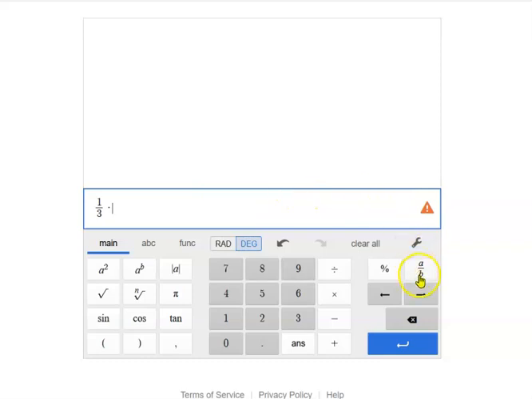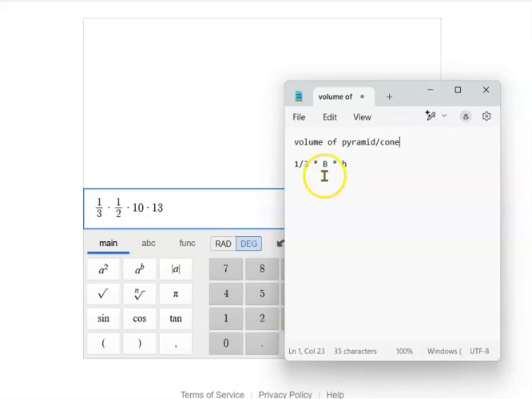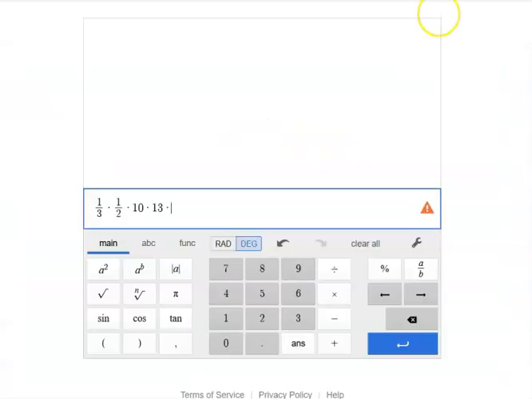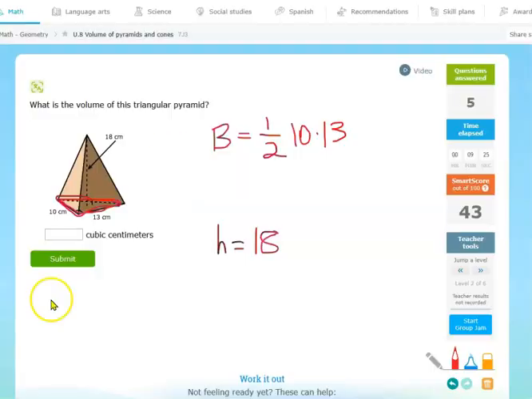So 1/3 times 1/2 times 10 times 13. So this whole bit right here, 1/2 times 10 times 13, that's our capital B in our formula. That's the area of the base. And now we just need the height. Okay, so the height is 18, so we'll put a times 18 on the end, and our answer is 390.